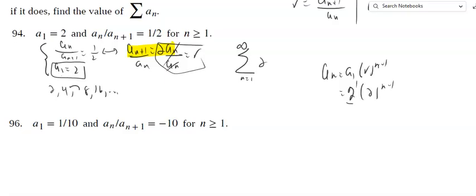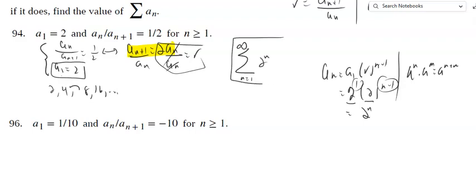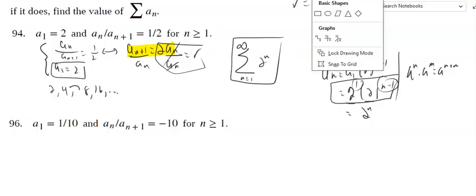But if you notice, these have the same base, and if you multiply terms of the same base, a to the n multiplied by a to the m is a to the n plus m. Since they both have the same base, you write a single base and you add the powers. 1 plus n minus 1 is 2 to the n. And if you write it like this, that's acceptable as well.